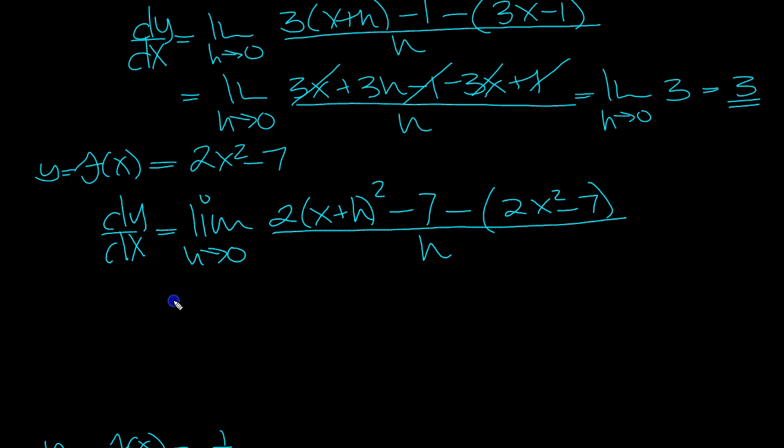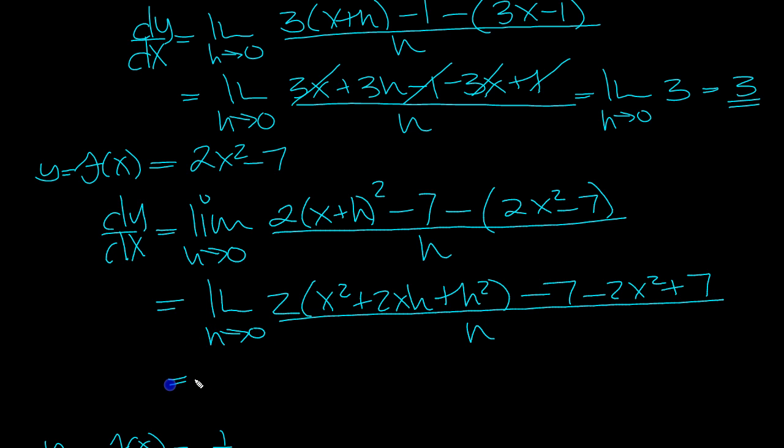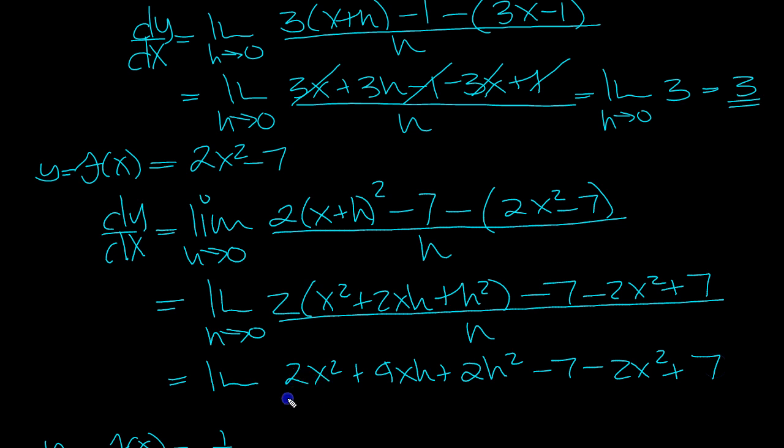Over h, let's see what we get. The limit of 2, and this bracket is x squared plus 2xh plus h squared, isn't it? Minus 7, run through the minus, minus 2x squared, minus minus is plus 7, all over h, as h tends to 0, which is the limit of 2x squared plus 4xh plus 2h squared minus 7 minus 2x squared plus 7.